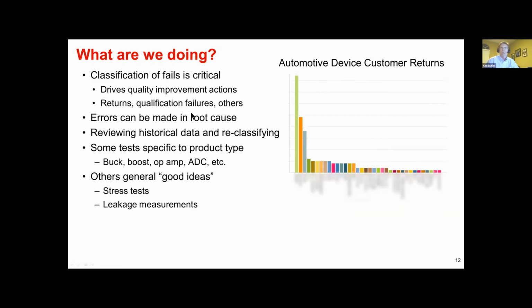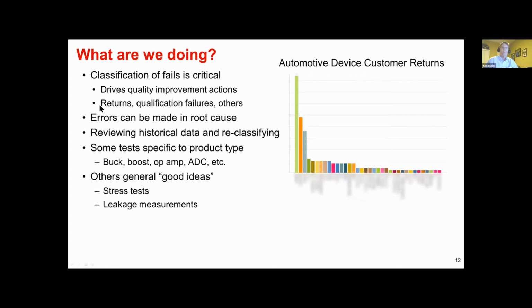So what are we doing about it? Again, I mentioned that classification is critical, and one specific example, when we think about automotive and industrial and space and high rel, is that we have to understand all the information we can about our fails and what caused them. It drives quality improvement actions so we can follow up with customers.